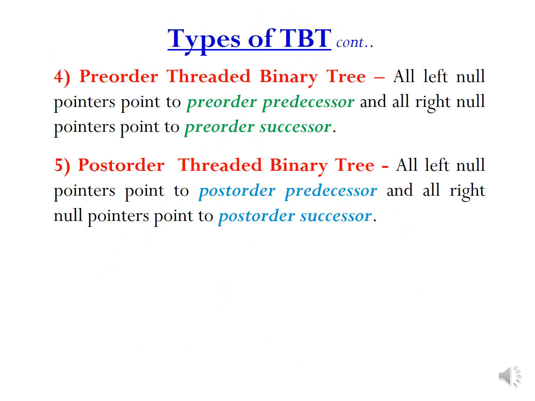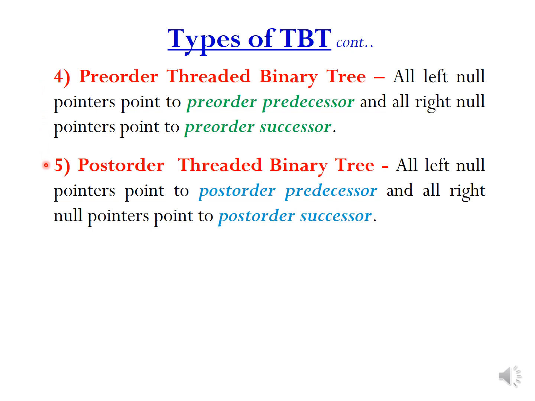Apart from the in-order threaded binary tree, we have two more categories of threaded binary tree. This is the fourth category, the pre-order threaded binary tree. In a pre-order threaded binary tree, all left null pointers point to the pre-order predecessor and all right null pointers point to the pre-order successor.